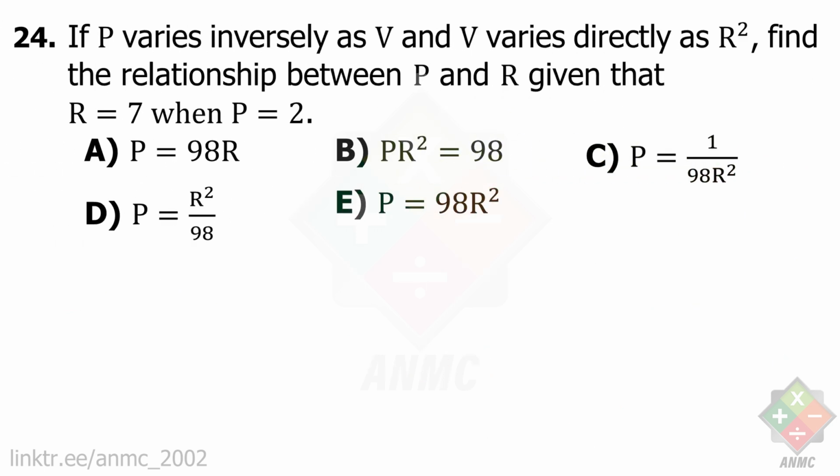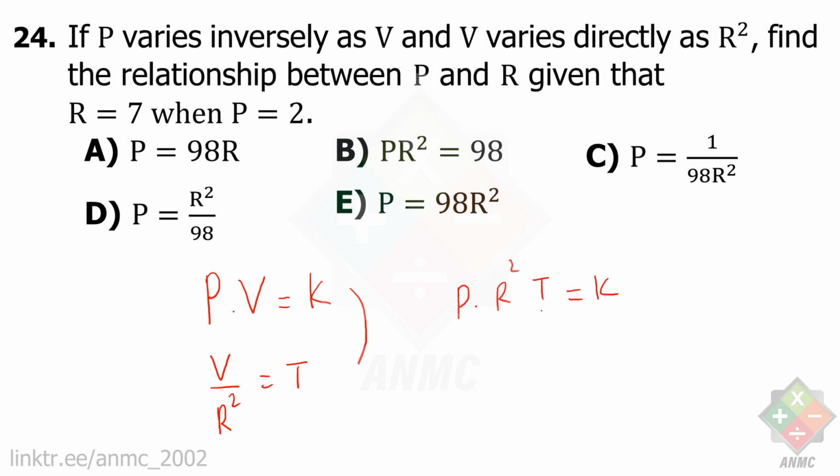In this question, P varies inversely as V. PV is k. V varies directly as R square is equal to T. Then V is R square T. P times R square T is equal to k. T is constant, k is constant, so P times R square is constant.